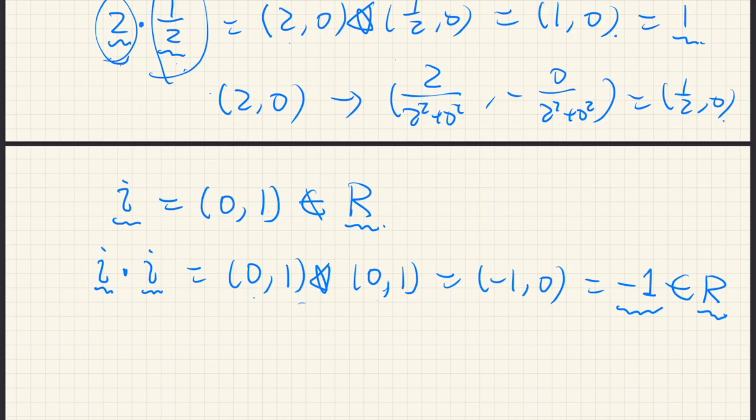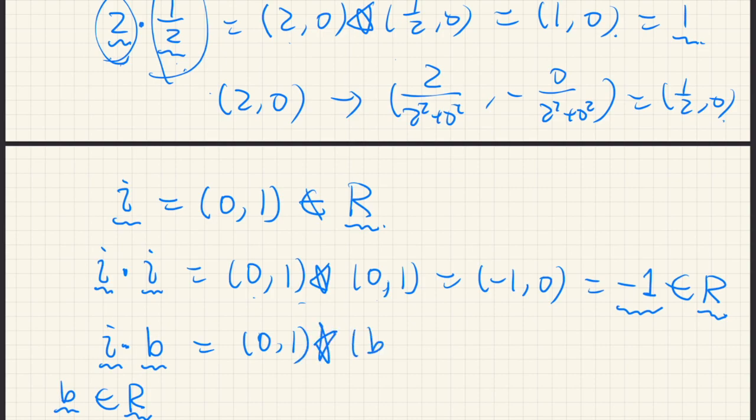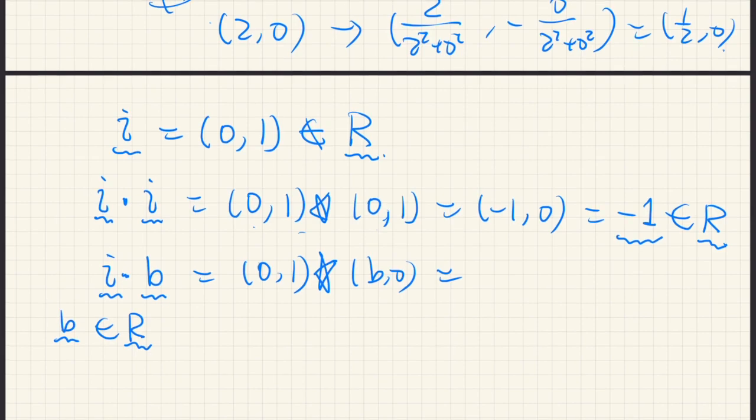And also, if we multiply I with any b, where b is in R, then (0, 1) star (b, 0), and that result will be, let's see, 0 times b minus 1 times 0, so that's 0, and 0 times 0 plus 1 times b is b.